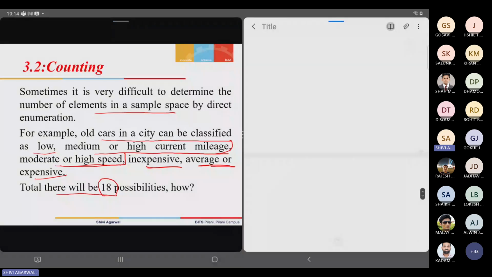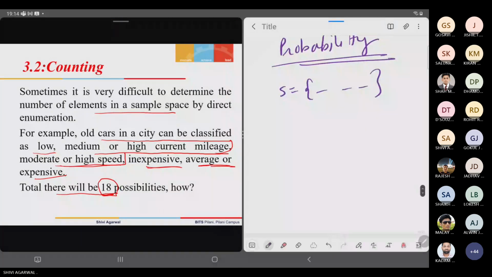Here we are saying there are 18 possibilities. How can we do it? You can see there are three ways for the mileage, and two options for the speed, and three options for the price, that is inexpensive, average, or expensive.